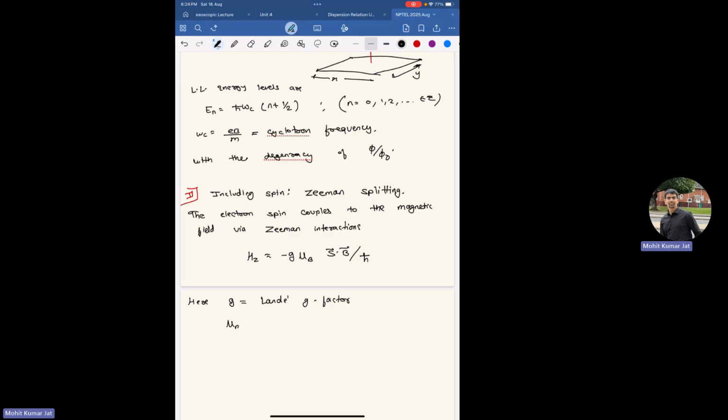Mu B is e h bar by 2m, known as the Bohr magneton. S is the spin quantum number.